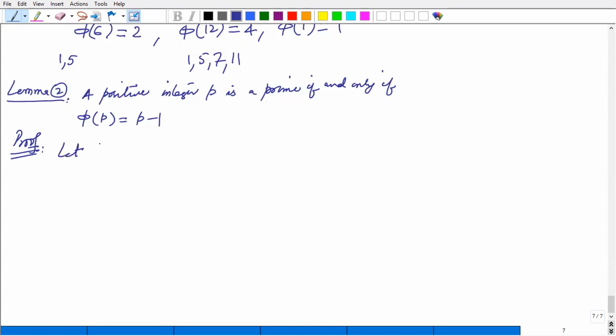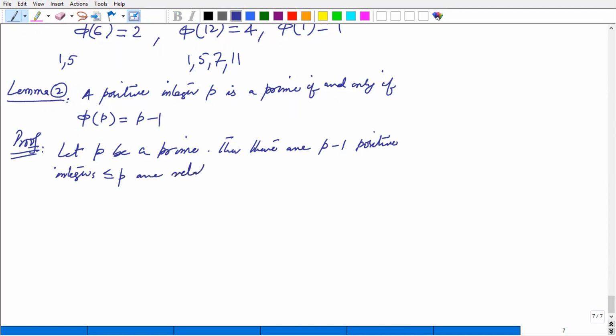Let p be a prime. Then there are p minus 1 positive integers less than or equal to p that are relatively prime to p.